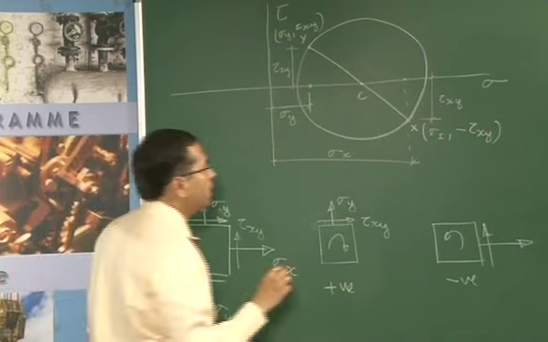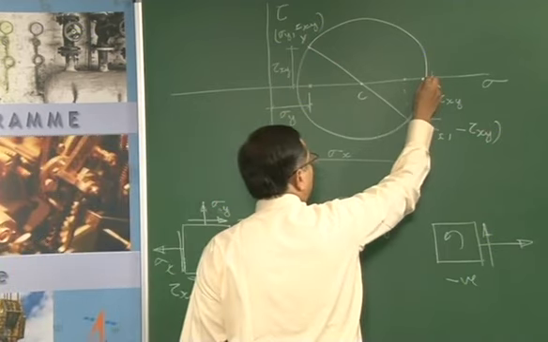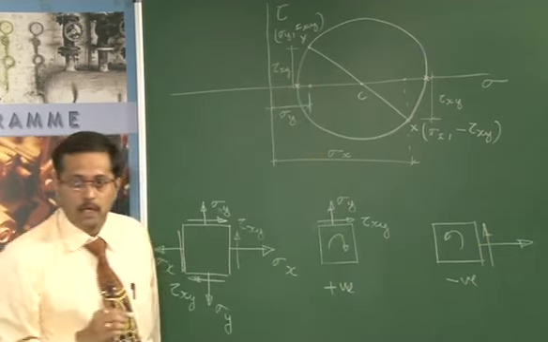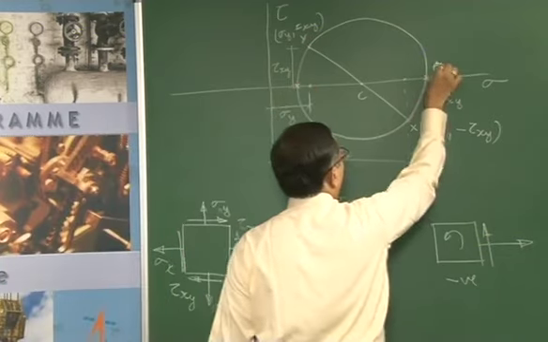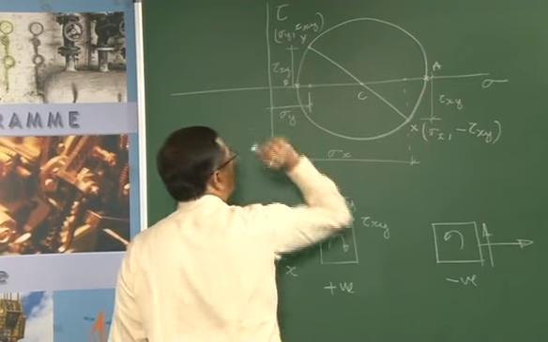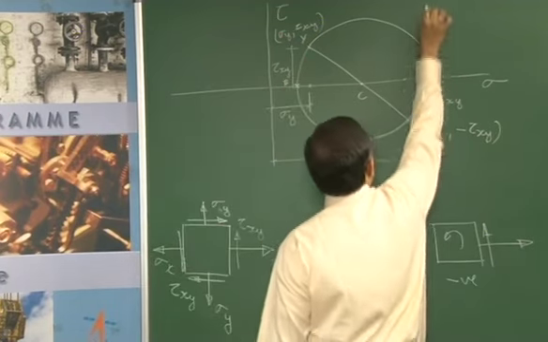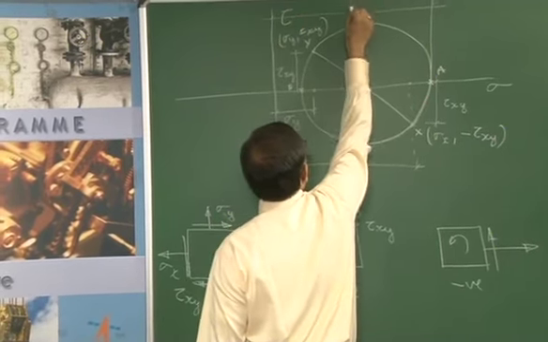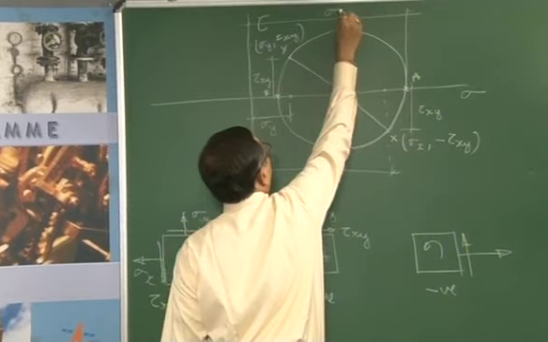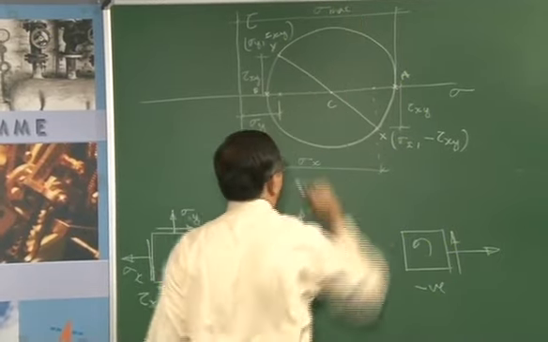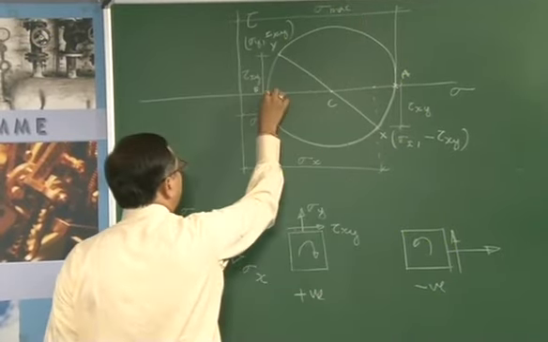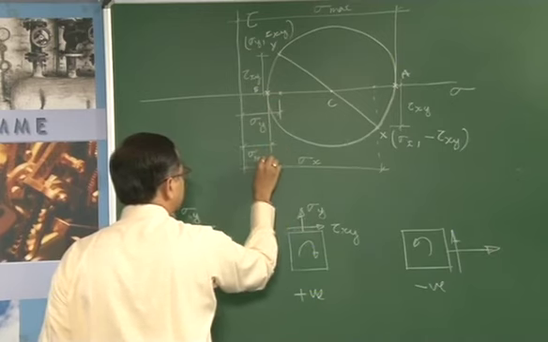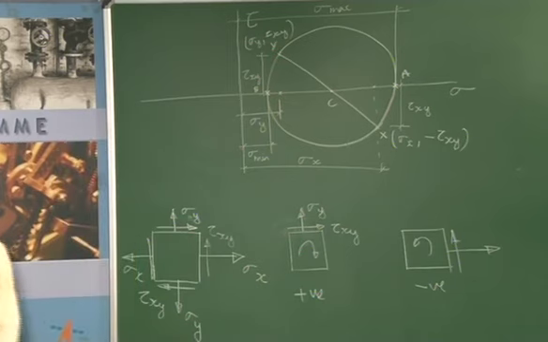Now, the points corresponding to the maximum and minimum on the x axis, if I consider them as point A and point B, the value at A corresponds to the maximum value of the normal stress, which we denote as sigma max, whereas the point B corresponds to the minimum principal stress, that is sigma minimum.